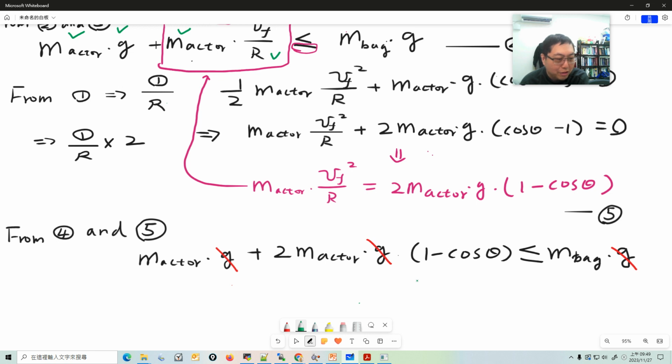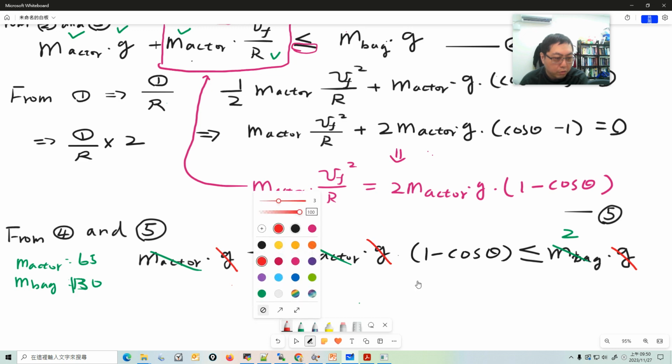M actor is 65 kilograms and the bag is 130, so that means M bag is double the M actor. So if we divide by the M actor, this will become 2.